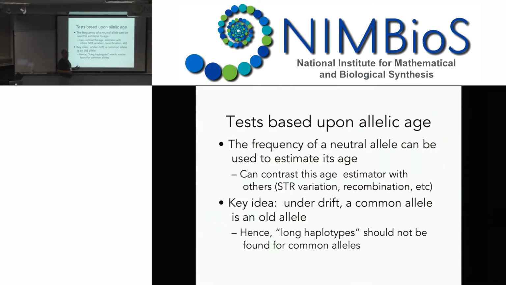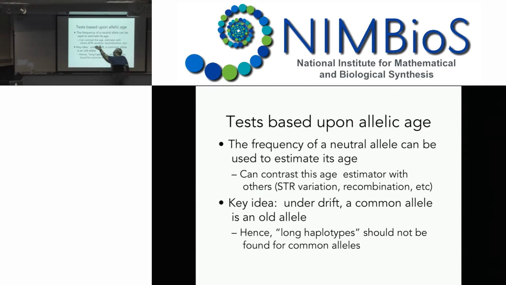The last category is a whole bunch of things, and these are tests based upon allelic age. And the basic idea, as I've mentioned several times, is under drift, a common allele is an old allele. So I can look at the age of the allele based upon its frequency and estimate its frequency under drift and contrast that with an independent estimate of its age.